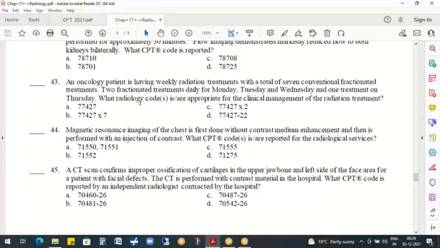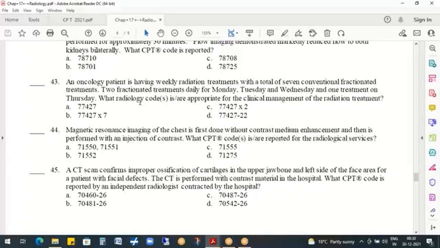If you go with the code description 77427, how many treatments are there? 5. In the rule, up to a maximum of how many treatments can we use that code? 7 treatments.